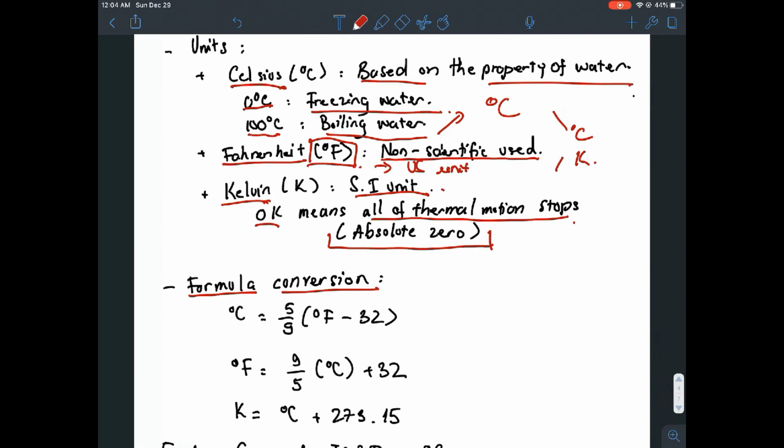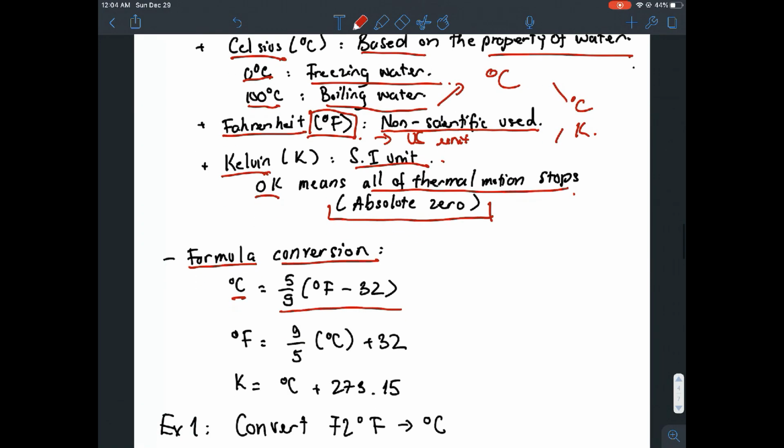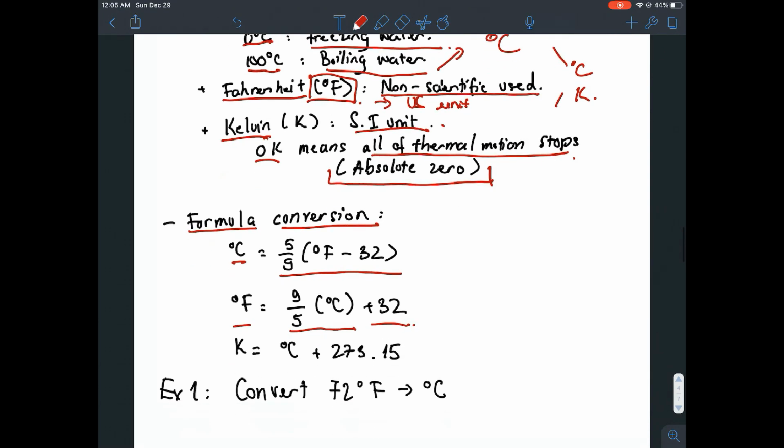The degree Celsius is equal to 5/9 multiplied by the Fahrenheit minus 32. The Fahrenheit degree is equal to 9/5 multiplied by the degree Celsius and then plus 32. And the Kelvin is equal to degree Celsius plus 273.15.